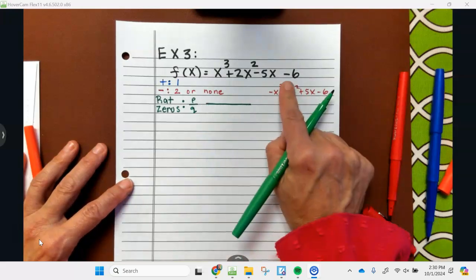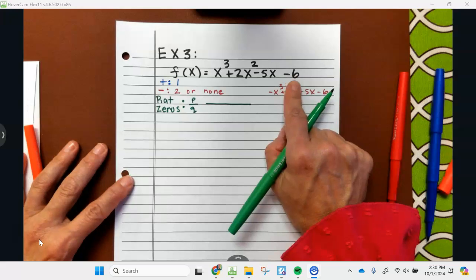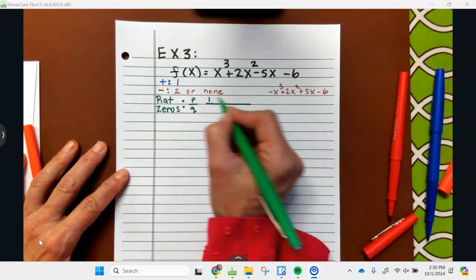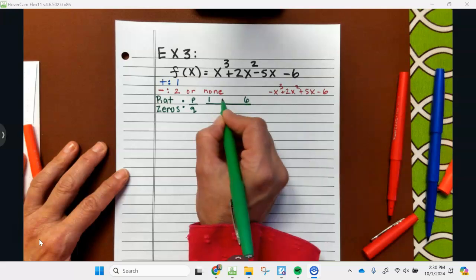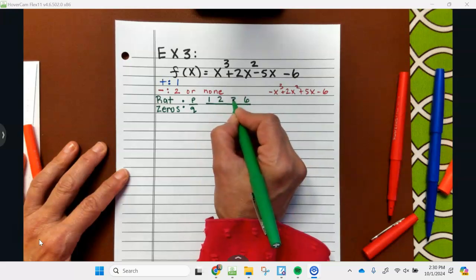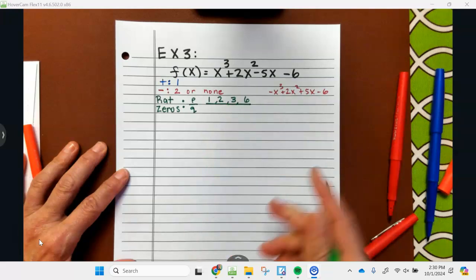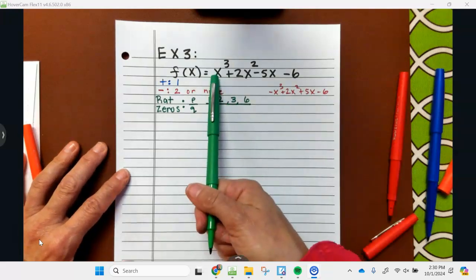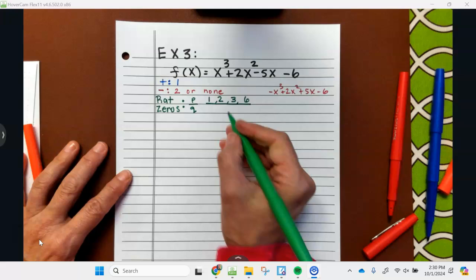So the p-value are all the factors that multiply to a 6. 1 times 6 and 2 times 3. We're going to be dividing that by the factors of the leading coefficient. That's just 1.